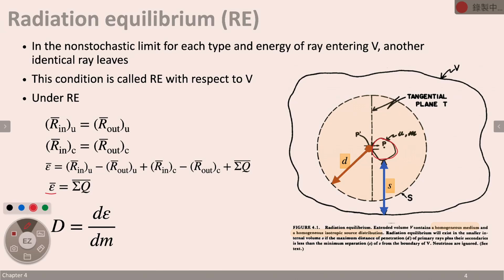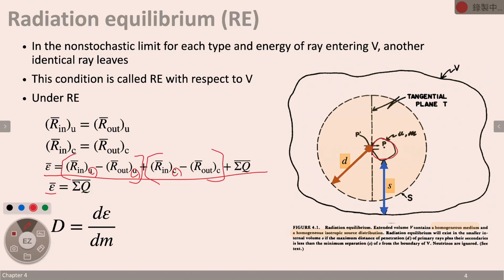Okay, and this one talks about the radiation in and out. The first one talks about the uncharged particle in and out. The second one is the charged particle in and out. Okay, when we get radiation equilibrium, then in equals out, in equals out.